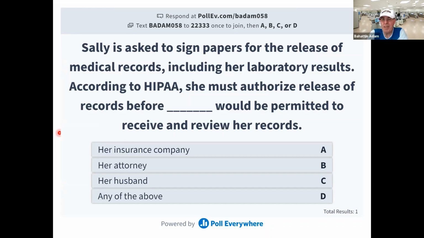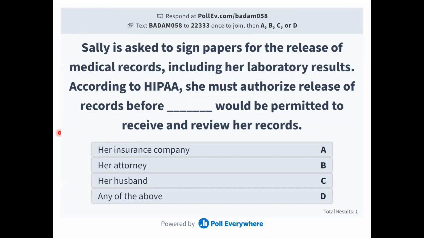Privacy of patients, securing the information about patients and their lab results, is really important.